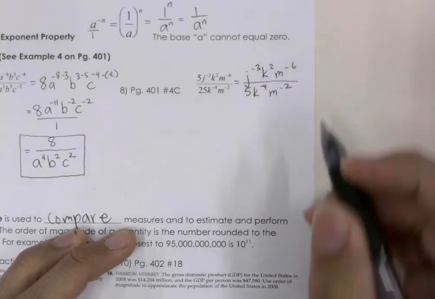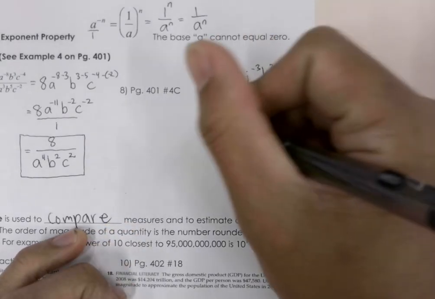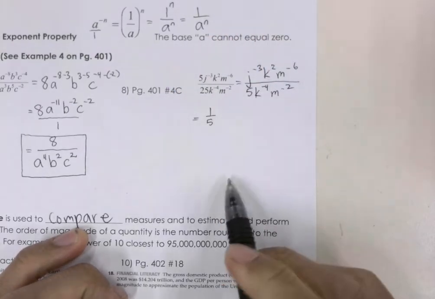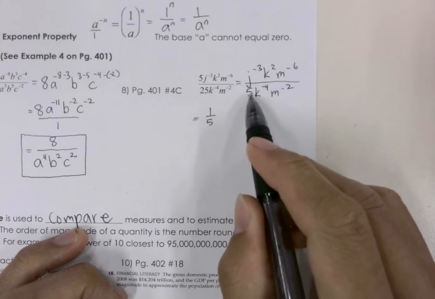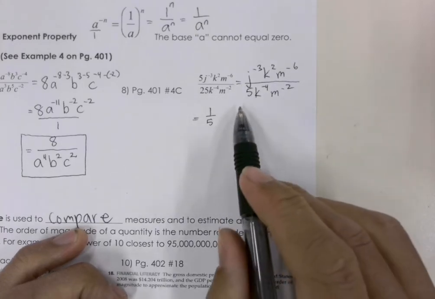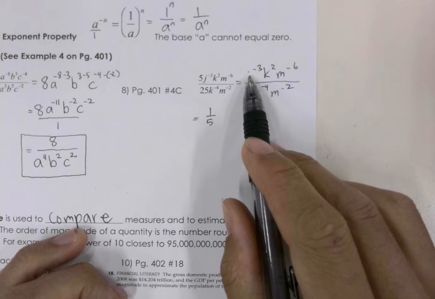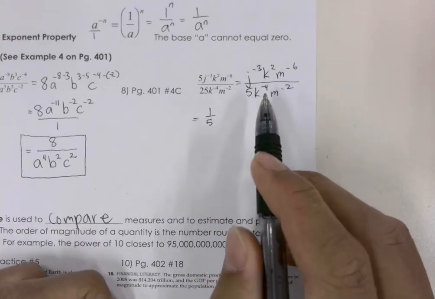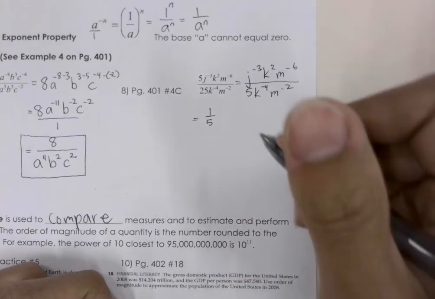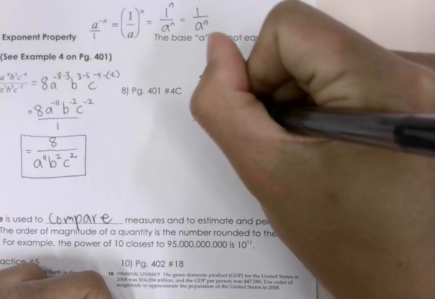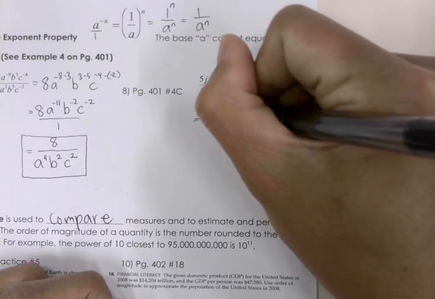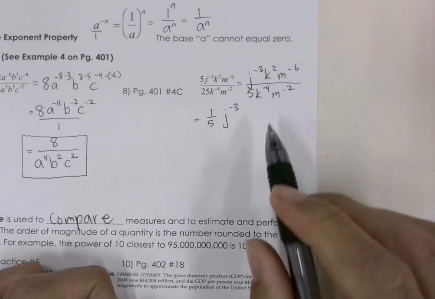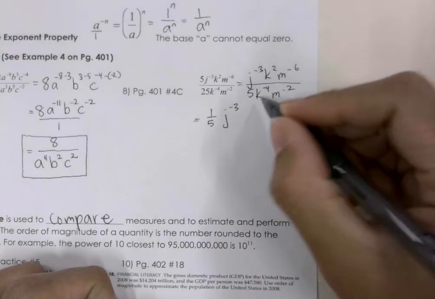So now we can go ahead and deal with the exponents. Right? So this is going to equal 1 over 5. Okay. Now j is not in the numerator and the denominator. Right? So we're going to keep j at the top in the numerator, j to the negative 3. And then we have our k in the numerator and the denominator.